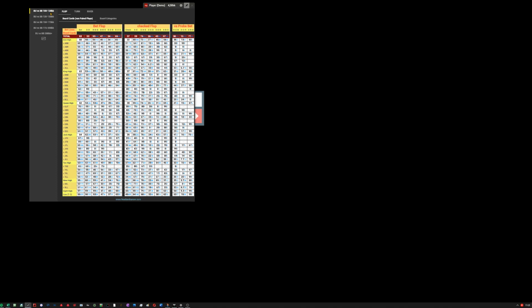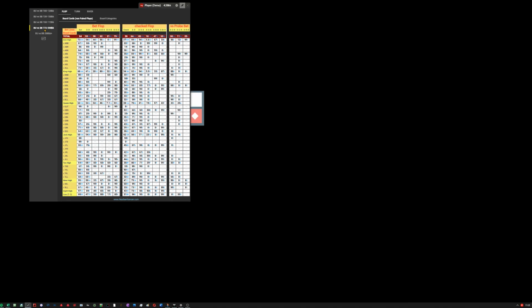The next one is showing 120 to 150 big blind stack sizes, 150 to 175, 175 to 200, and 200 and higher. So you can compare several strategies based on the stack sizes.